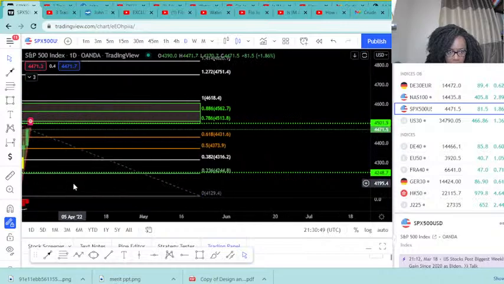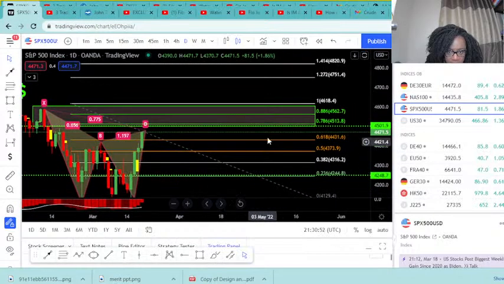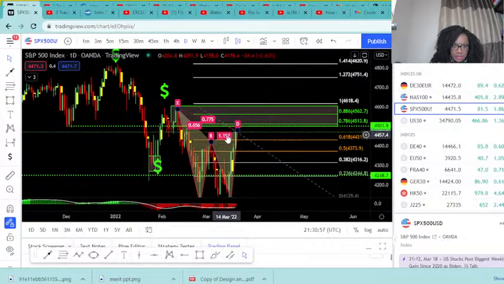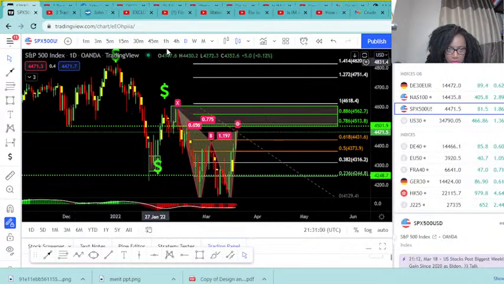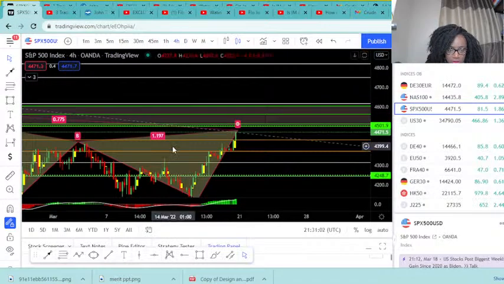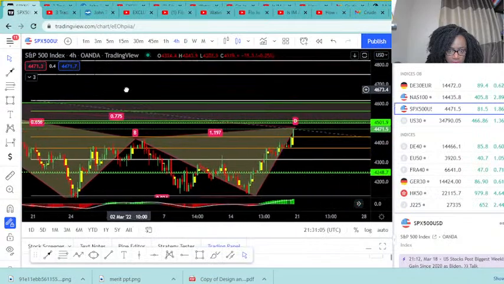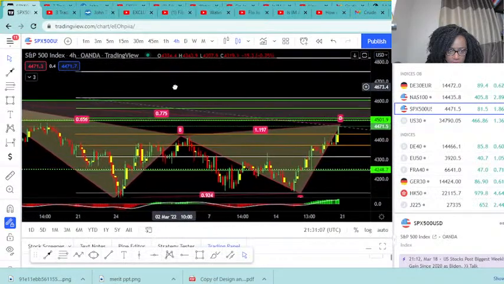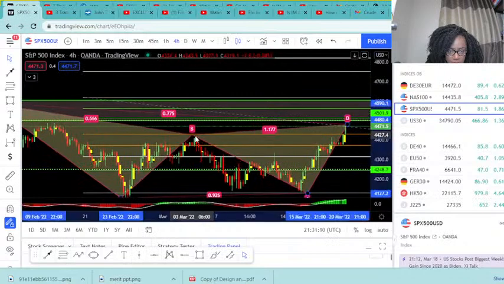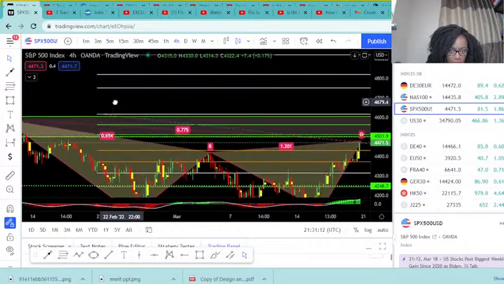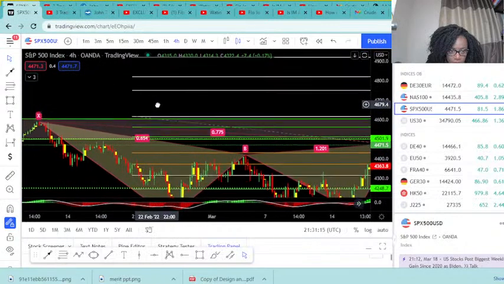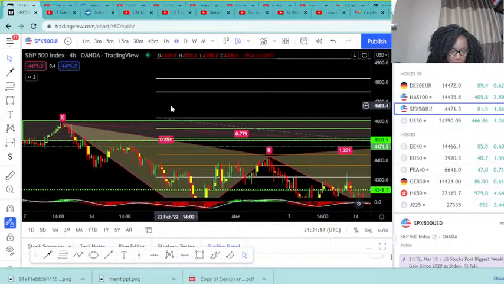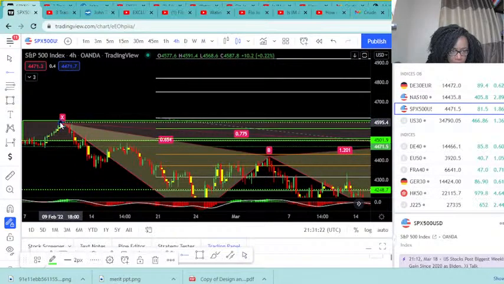So as far as the S&P 500 is concerned, we're just about to hit the 786, 886 zone. Let me see any support in that zone. We see there's a zone there. Let me put that in blue.